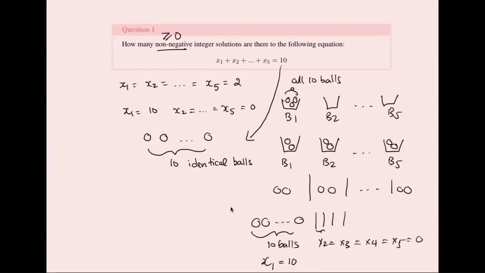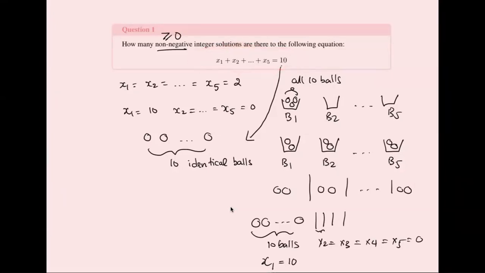So the number of ways that you can arrange this sequence is the number of non-negative integer solutions to this equation. Because each distinct arrangement of this sequence of objects will give you a distinct non-negative integer solution to this equation.